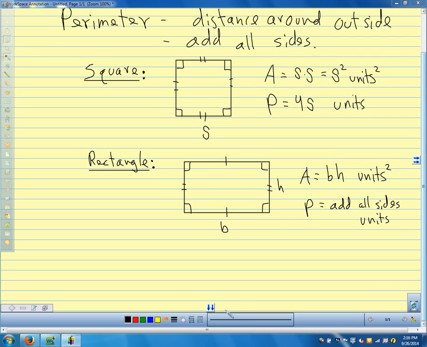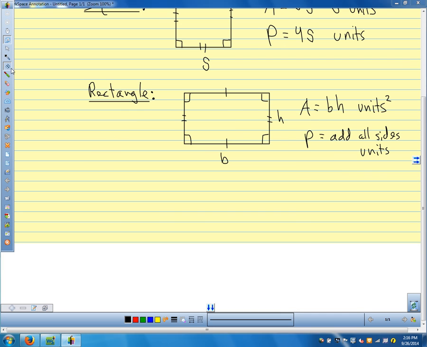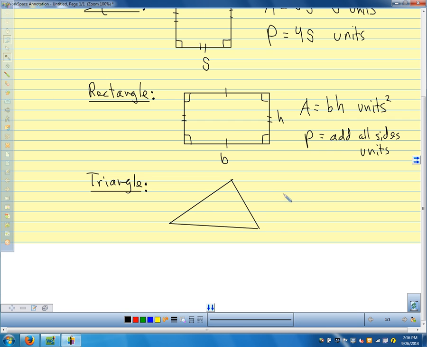How about a triangle? What makes a triangle special? Has 3 sides. So let's draw a triangle, some kind of triangle here. And we can have all kinds of different triangles. What's our area formula for a triangle? 1/2 the base times the height, which is the same as saying base times height divided by 2.